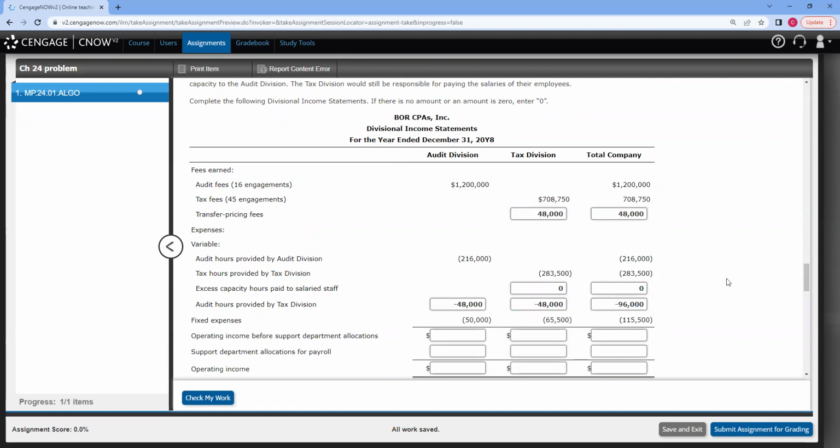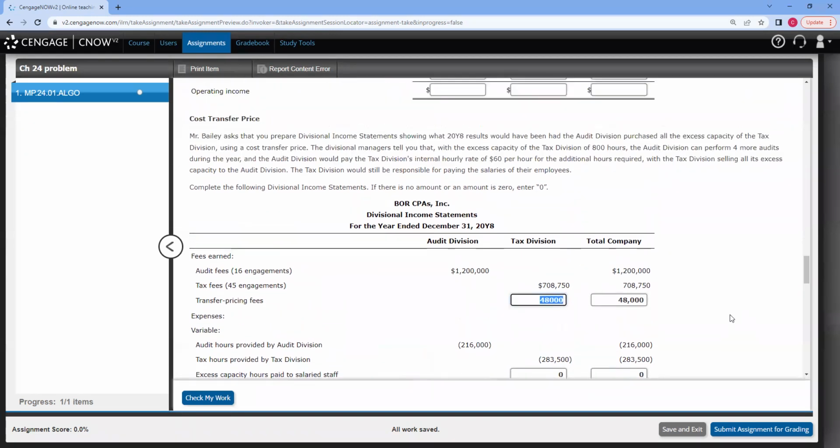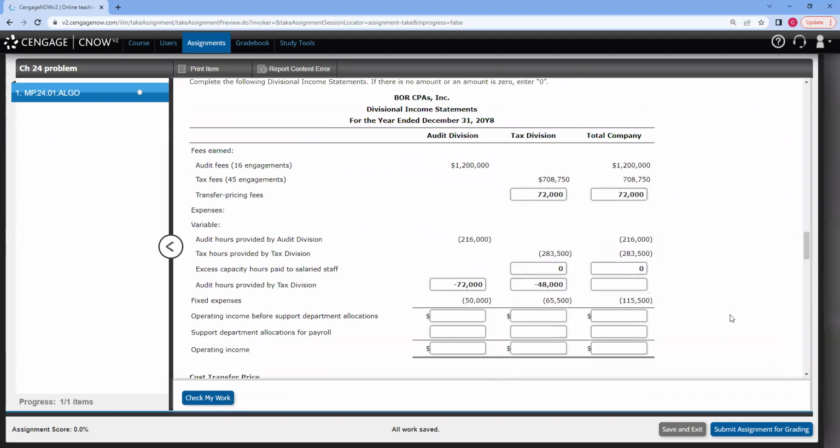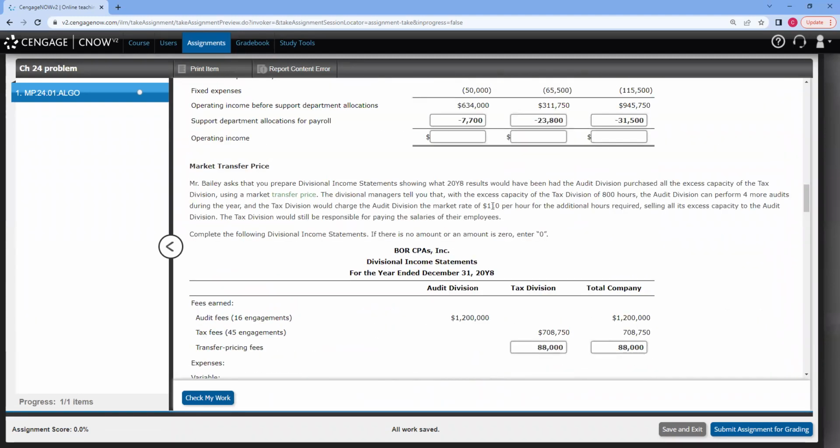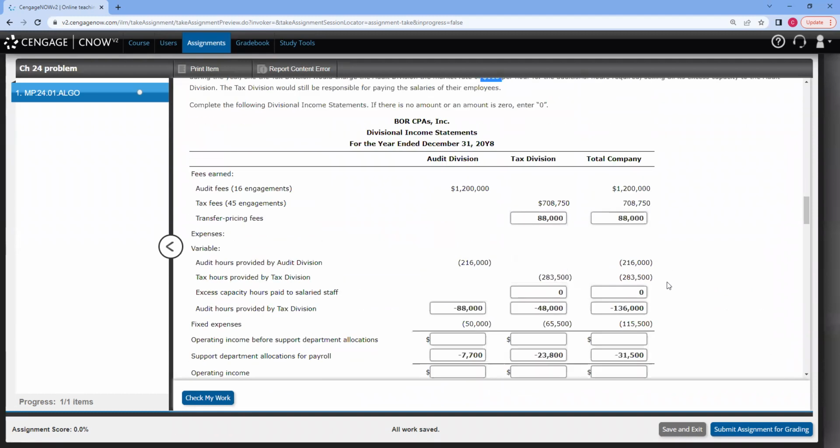And so now there's an exact match between what it costs the tax division to provide it and what they're receiving as revenues. What you'll notice then, when you compare the three, is that the company is better off when they can do anything that is a lesser cost than the $110 per hour they'd have to pay someone outside the company.